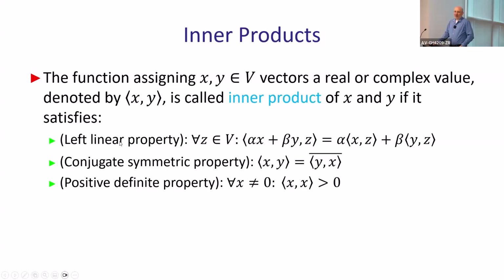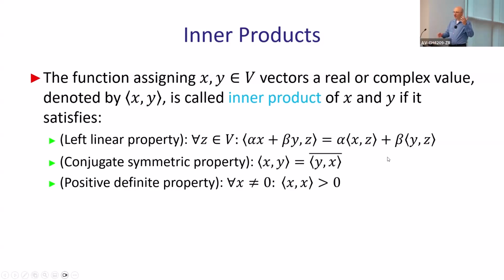And I'm defining that already for complex variables so that it will be generic enough, but you can think about real ones as well. So first of all, you have the left linear property, which means you have linearity of the left part of that inner product. So if you're doing alpha x plus beta y, inner product with z, you get the distributive law: alpha times x dot z plus beta times y dot z.